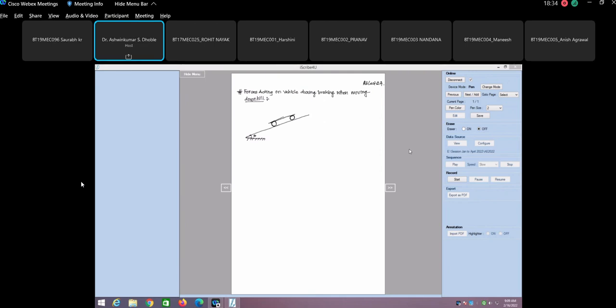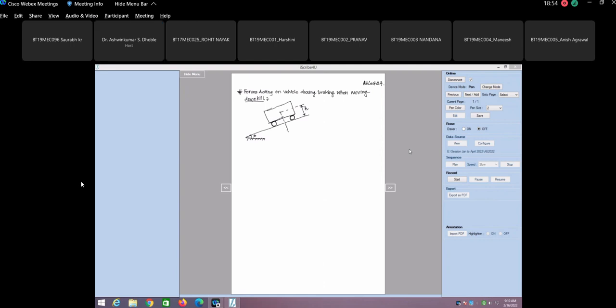I am drawing the vehicle as a square box. Okay, so it is moving downhill. This is the CG of the vehicle, which is located at a distance of h.